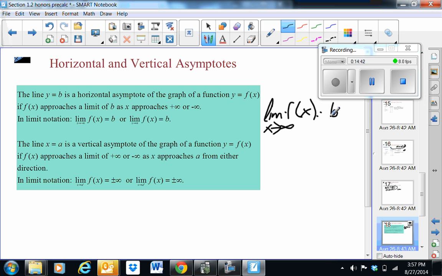Likewise for vertical asymptotes, x equals a is a vertical asymptote of the graph of the function y equals f of x if f of x approaches the limit of positive infinity or negative infinity as x approaches a from either direction.